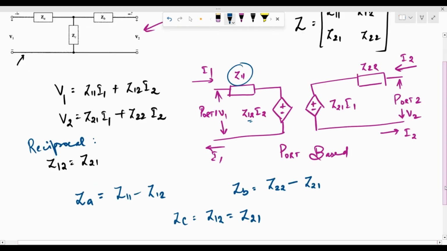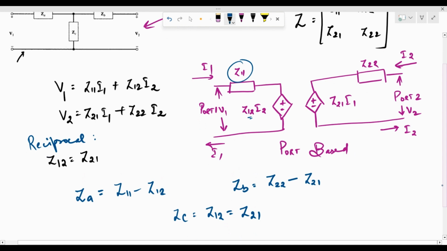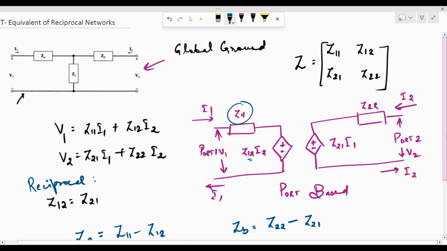So these ZA, ZB and ZC are the values of the T equivalent of a reciprocal circuit. Let's go on to looking at a numerical example for better understanding.